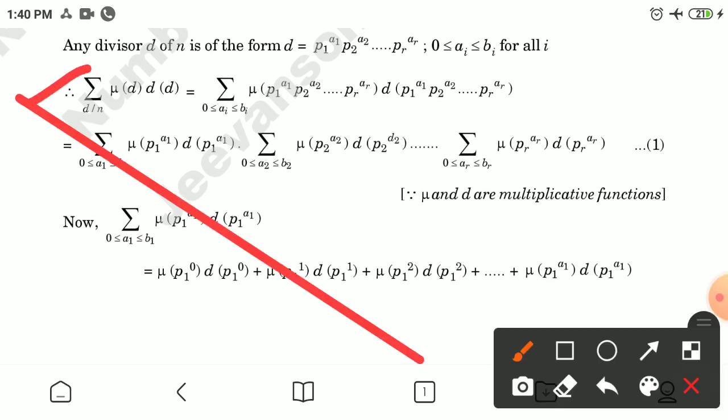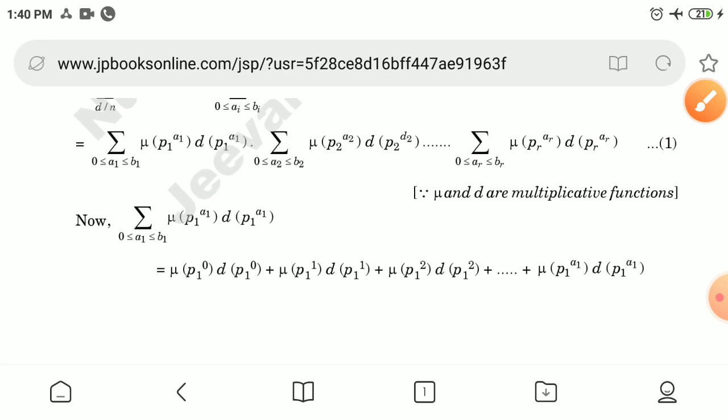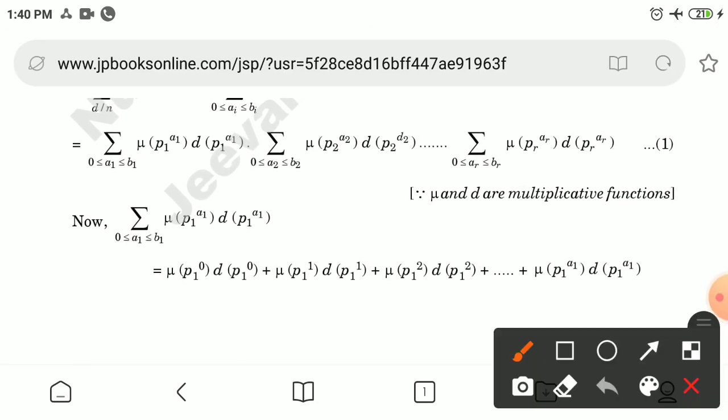Therefore this is equal to the summation of μ(p1^a1)d(p1^a1), a1 from 0 to b1, into the summation of μ(p2^a2)d(p2^a2), a2 between 0 and b2, and so on, the summation of μ(pr^ar)d(pr^ar), ar from 0 to br.